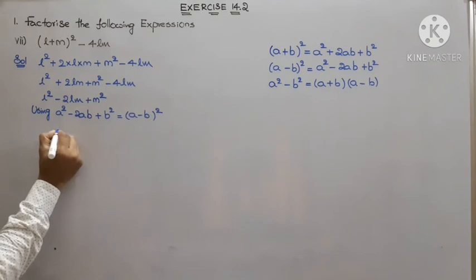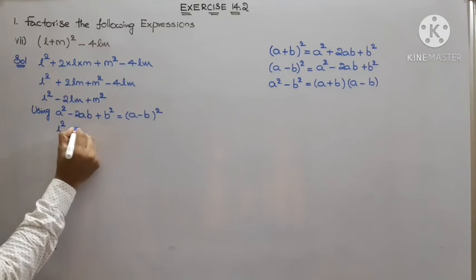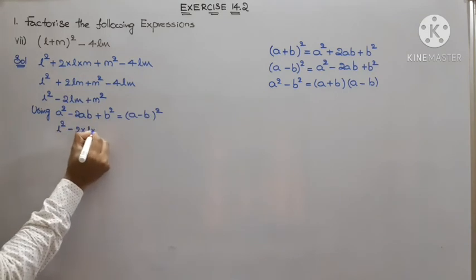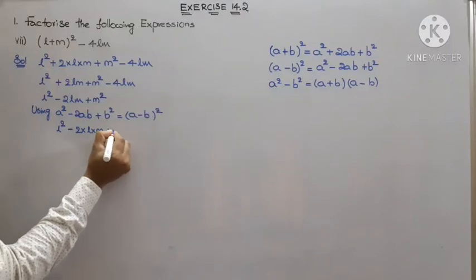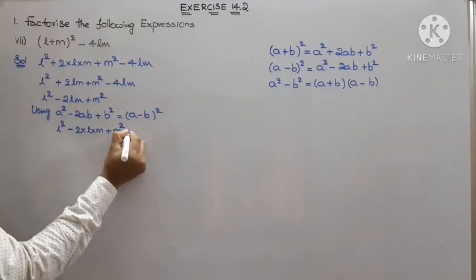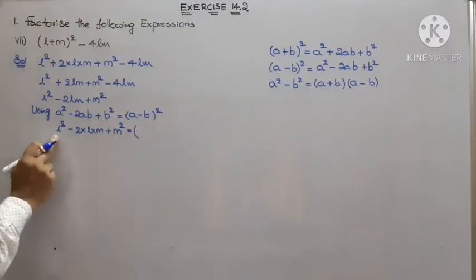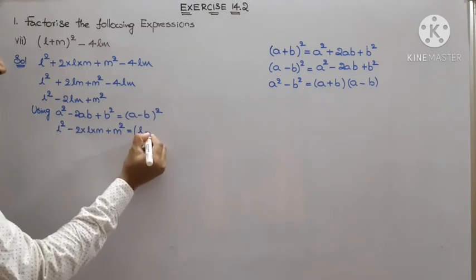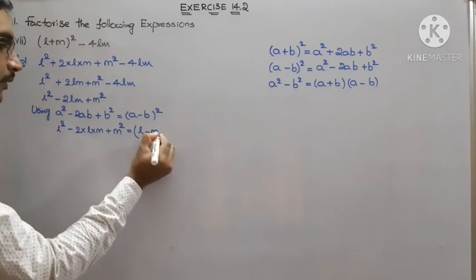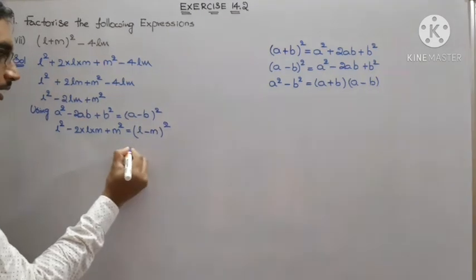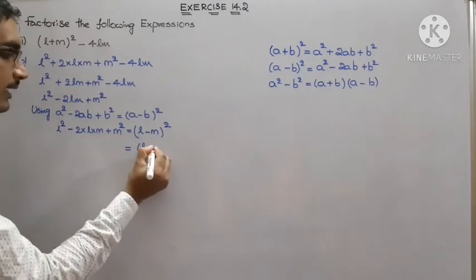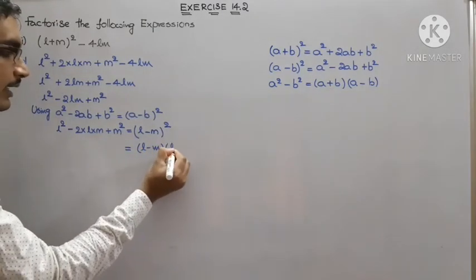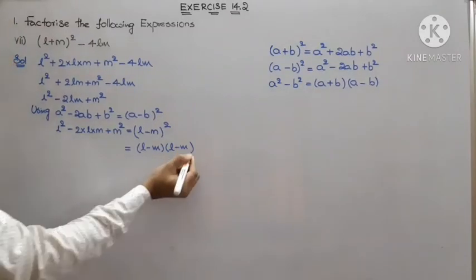So L square minus 2 into L into m plus m square is equal to, what is a now? L. b is m. So L minus m whole square, or L minus m multiplied by L minus m.